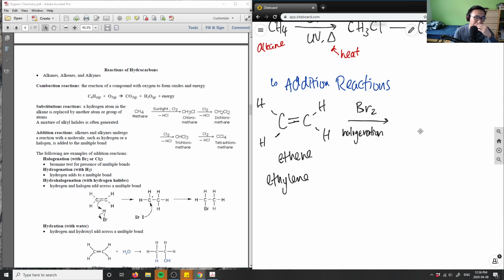And what Br2 does to this reaction is it's going to add bromine to both sides of this alkene. So what I'm going to get is something like this. I'm going to get carbon. It's going to break this double bond. I don't have an alkene anymore. Remember, this here's an alkene. I'm going to actually have an alkane, or a haloalkane to be more specific, or alkyl halide.